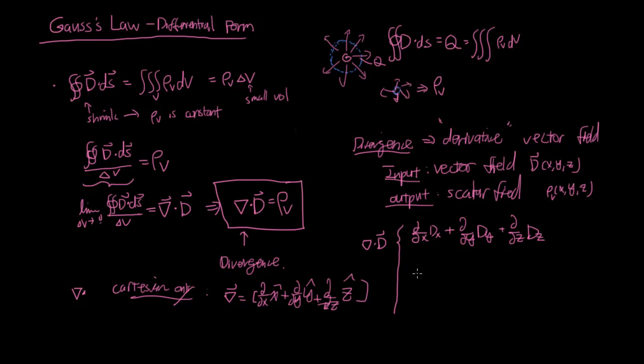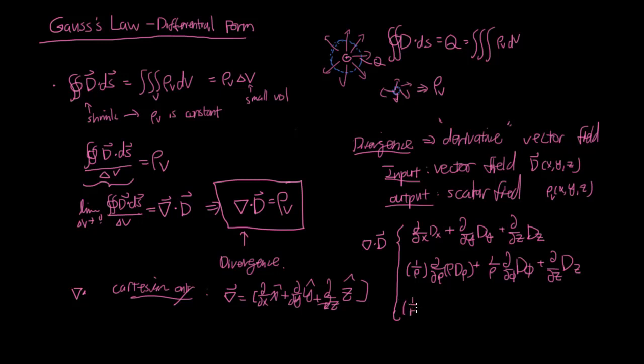In the cylindrical coordinate system, it's a little bit different. You have 1 over rho d by d rho of rho times the rho component of D, plus 1 over rho d by d phi of the phi component of D, plus d by dz of the z component of D. So the z part just works out. The spherical coordinate system is even a tad uglier.